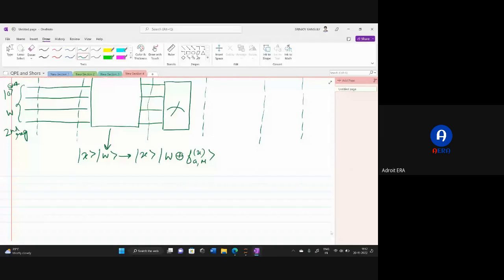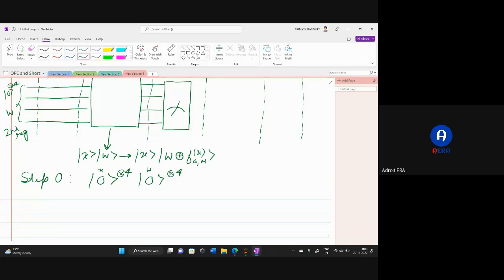So let us start with step 0. Okay, step 0. In step 0, you have ket 0, which is x. Remember this is x, tensored 4, and also you have ket 0, which is your w register, tensored with 4. Okay, so x and w.